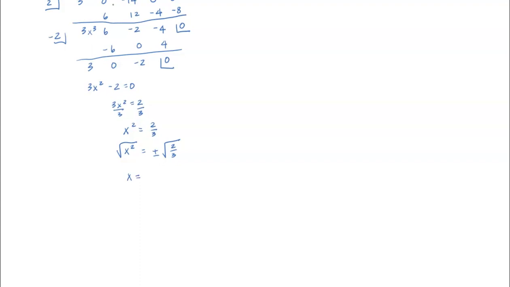So x equals plus or minus square root of 2 over the square root of 3. I'm going to get rid of that square root of 3 in the denominator. You have to rationalize it. So the roots are 2, -2, and this irrational.